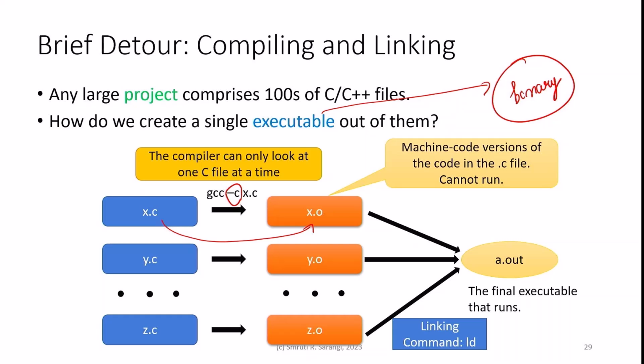And as I said, GNU is a recursive thing, right? GNU is not Unix. So the -c option allows you to kind of see a subpass of it. So x.c becomes x.o, y.c becomes y.o, so on and so forth. So you start creating all of these object files.